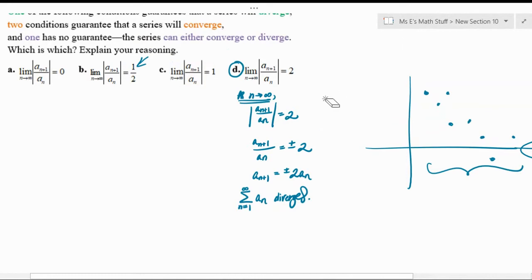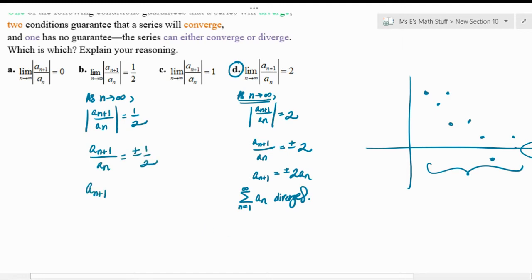So now let's do the next easiest one, which I would say is part B probably, maybe, I don't know. So for part B, we'd be finding out that as n approaches infinity, the absolute value of a sub n plus 1 over a sub n is 1/2, which would mean that the part inside the absolute value marks could have been either positive or negative 1/2.